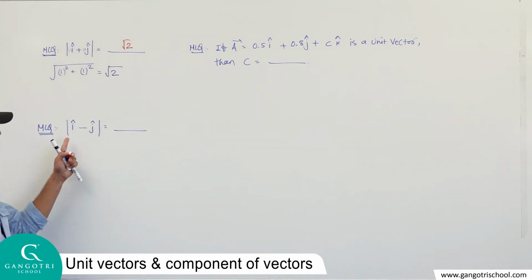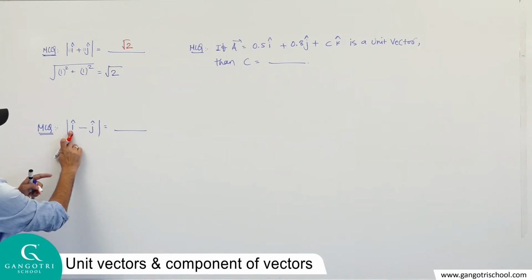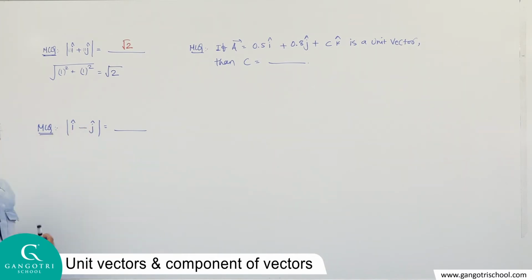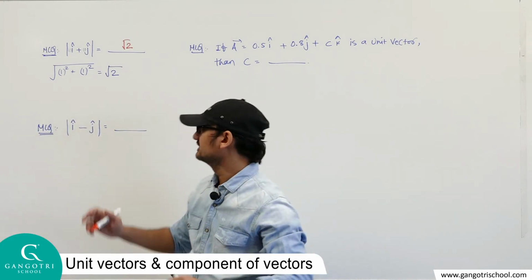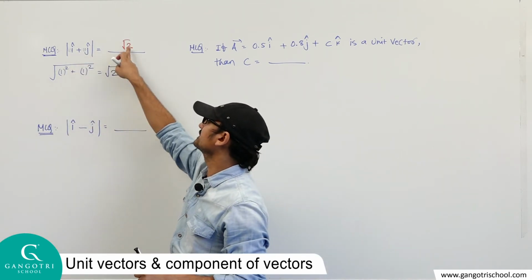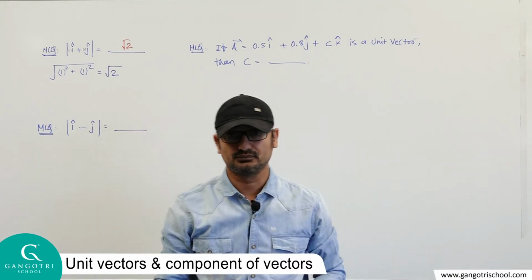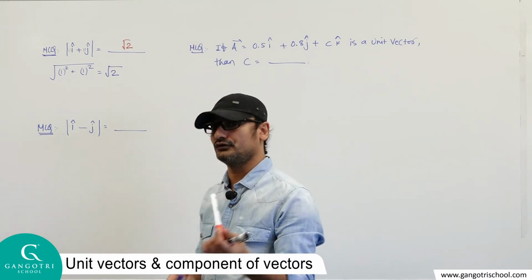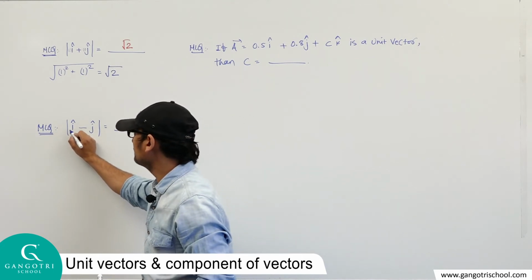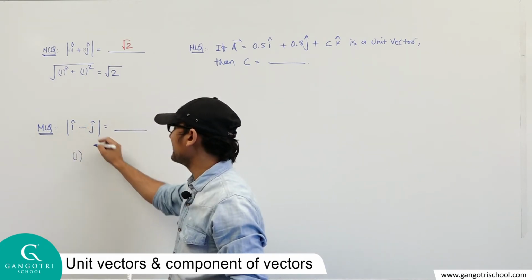Another one: magnitude of i caret minus j caret. You might think that i caret plus j caret has magnitude root 2, so i caret minus j caret has magnitude 0. No, you are wrong. Follow the steps. Here the x component is 1 and the y component is minus 1.